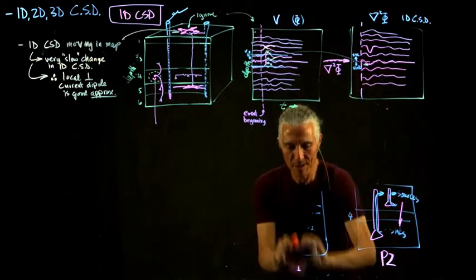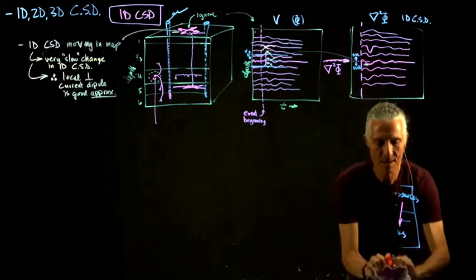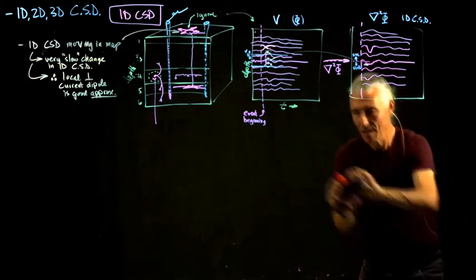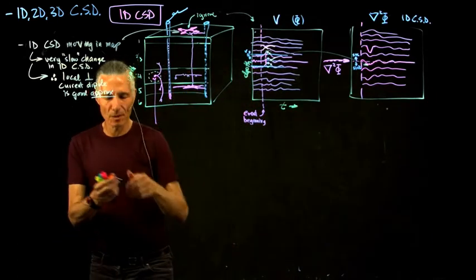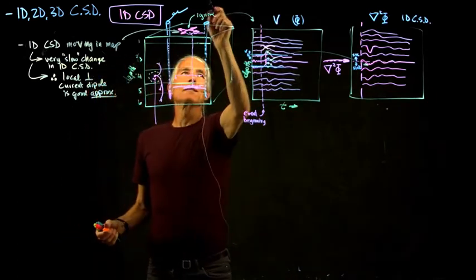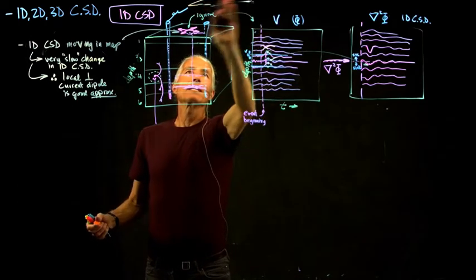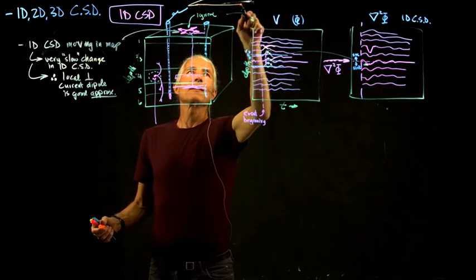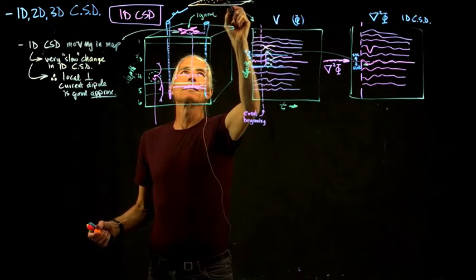You can do this in the cortex itself by just putting an array of electrodes on the cortex. So instead of doing this, we can just put a sheet of electrodes. Just get a tiny little flexible sheet of electrodes that has a whole bunch of contacts on it.